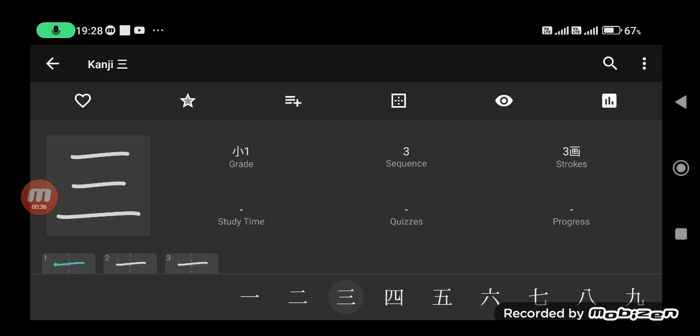So for today, minasan, everyone, once again we will be discussing another fundamental or basic level kanji.